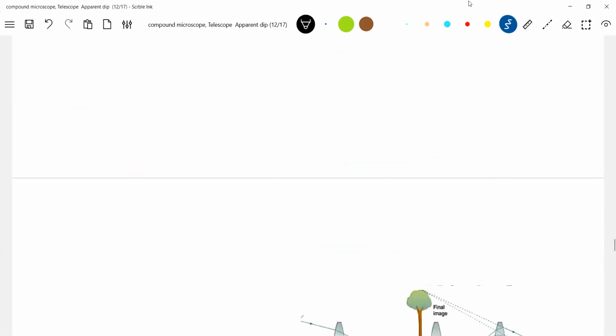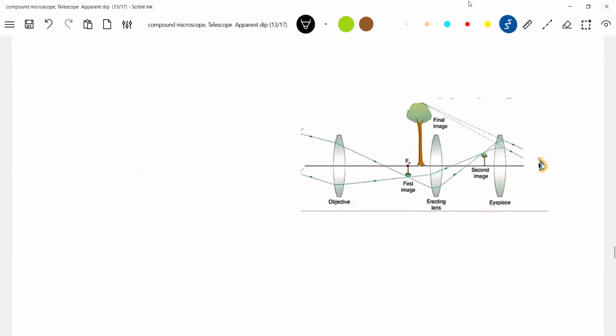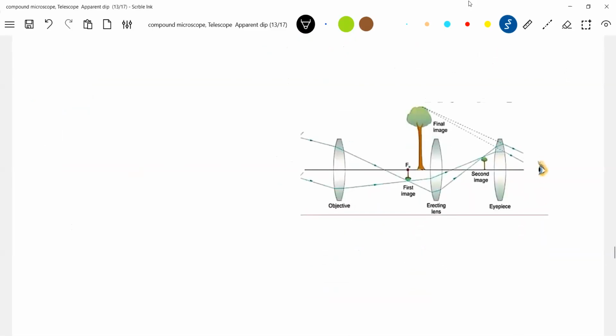So for that, what I do is I will bring now a diagram like this.